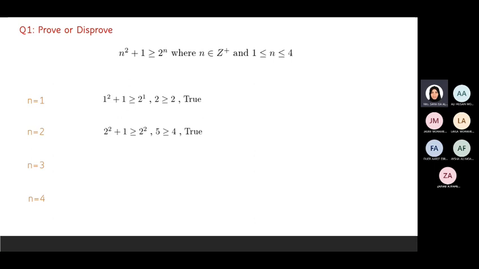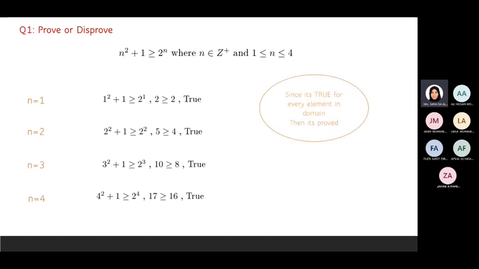It's also true when n equals 2, because 5 is greater than or equal to 4. When n equals 3, 10 is greater than or equal to 8. When n equals 4, 17 is greater than or equal to 16. And because it's true for every element in my domain, I prove it by testing everyone. I do not use the proving method.